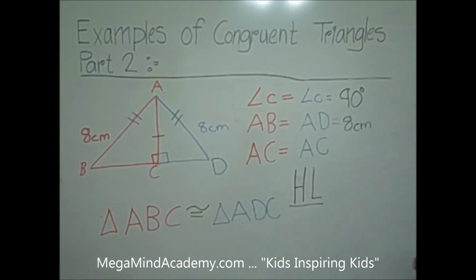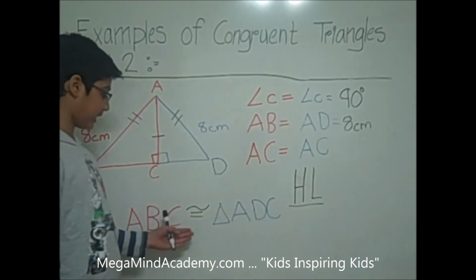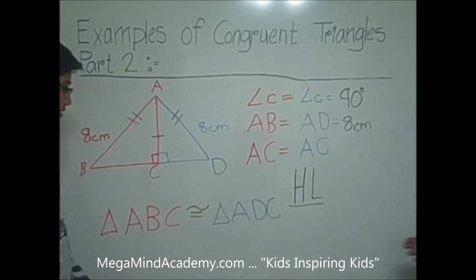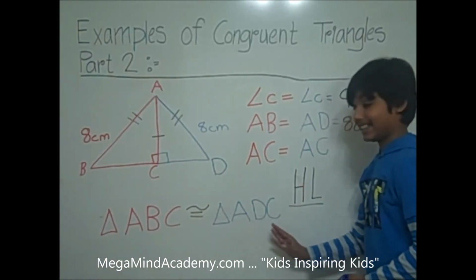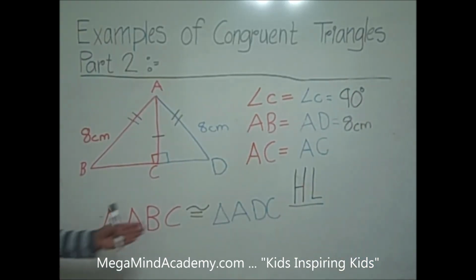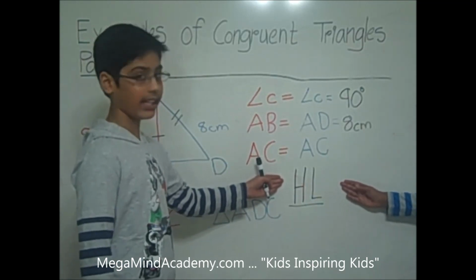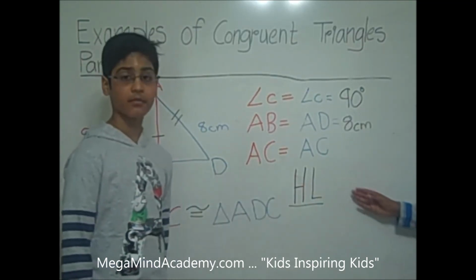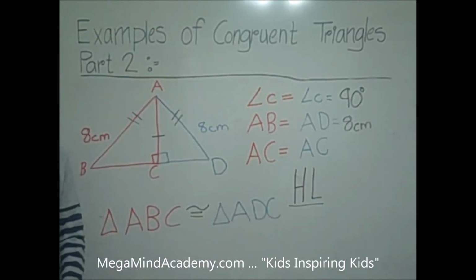So, once again, triangle ABC is congruent to triangle ADC due to the hypotenuse leg theory. Now let's look at another example.